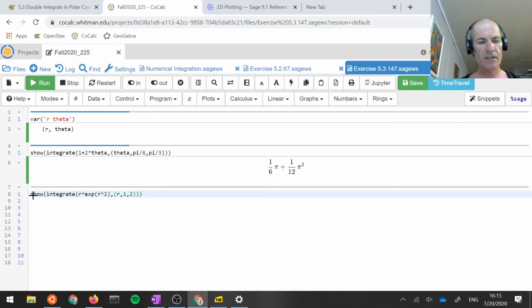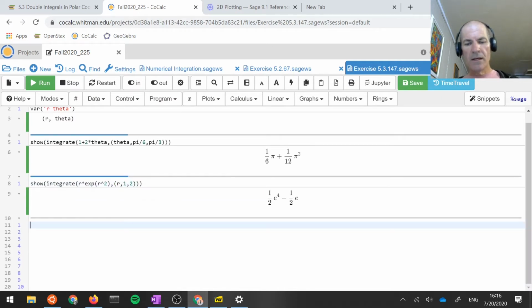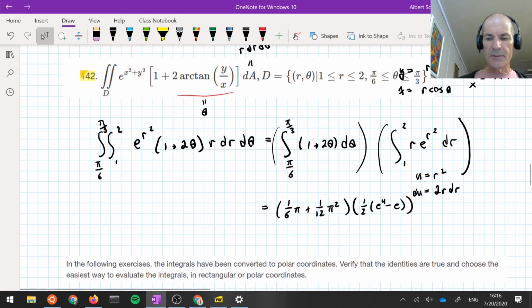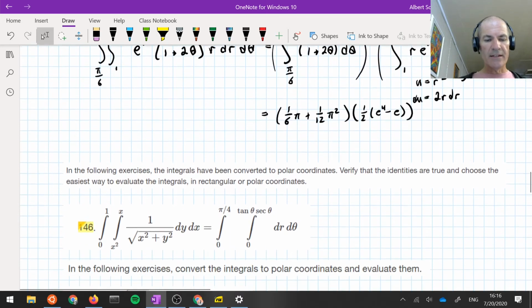Yes, so r times e to the r squared, r goes from 1 to 2, and that is 1/2 times e to the 4th minus e. I would probably just stop there. Don't multiply this out or do any additional work. If you need an actual number, just go ahead and stick it into Sage or your favorite calculator.